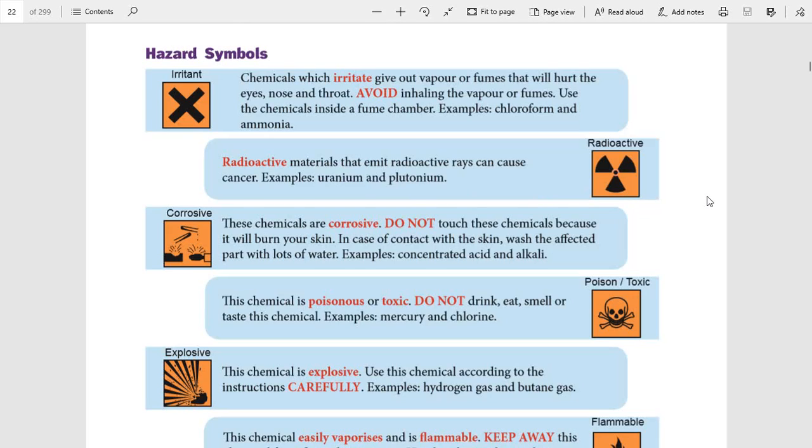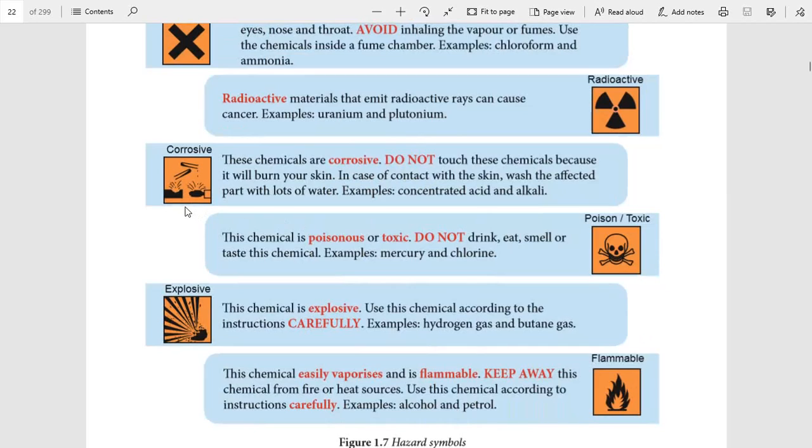Radioactive: the symbol is like a fan. For example, uranium and plutonium. But mostly we don't use radioactive chemicals in our laboratory. How about corrosive?